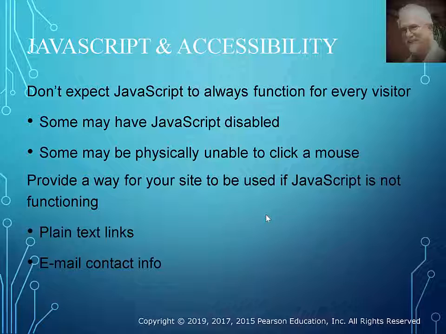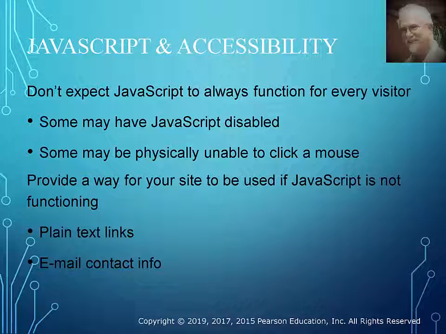Now, unfortunately, you cannot control whether or not a person has turned JavaScript on or off. So it might not function for every visitor. Some people have it disabled, or some people might not even be able to use a mouse. So you have to provide some way of providing accessibility.